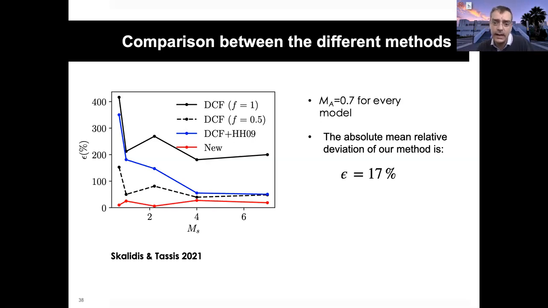This relative difference is this epsilon that you saw here on the y-axis. As you can see, the methods are not really good enough for a precision era. But our method outperforms all others and achieves a mean error of just 17%.